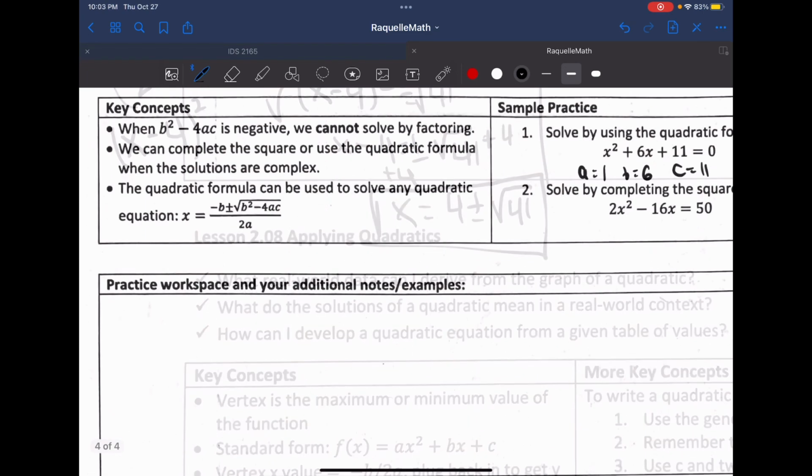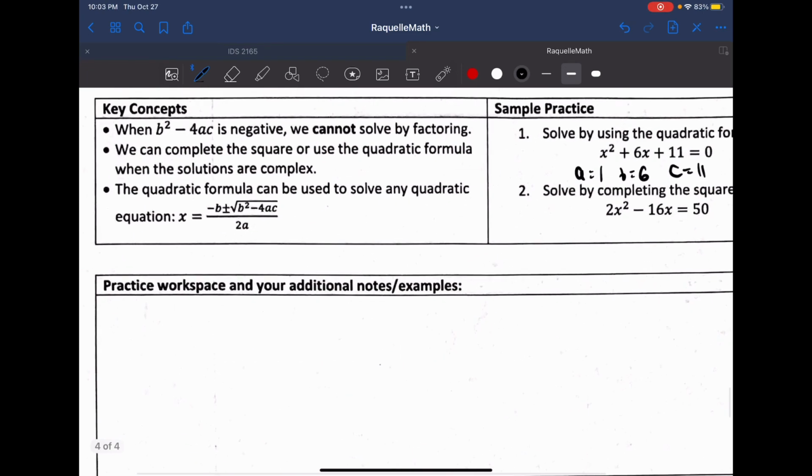Okay, so this is similar to the other problem, except that under the square root, it will be negative. So a equals 1, b equals 6, and c equals 11. So we just plug this into the formula. So -6 plus or minus the square root of 6 squared minus 4ac.